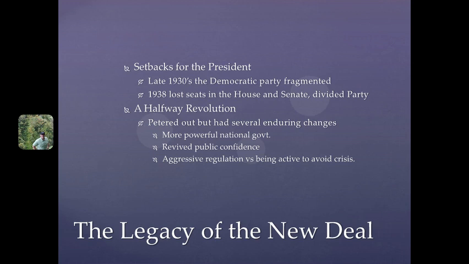It revived public confidence, which was probably the most important thing in trying to get through the Depression. People needed to be free to spend money and have faith that the money in the bank would be there. And then lastly, it was a switch from this idea of regulating things, like putting limits on stuff, like Teddy Roosevelt and the Gilded Age Progressive stuff that we talked about, trying to deal with trusts, to now actively being involved to head off problems.